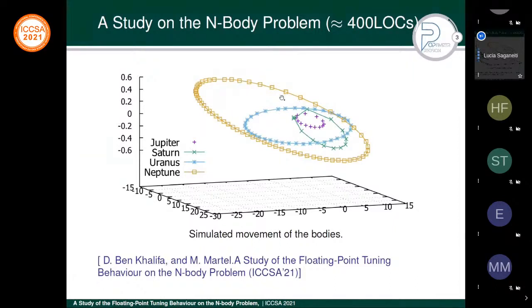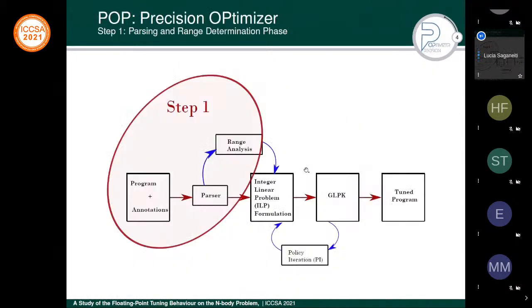So our goal is to model the simulation of a dynamical system describing the orbits of planets which interact with each other gravitationally. So we have Jupiter, Saturn, Uranus, Neptune, and the Sun, whose position is fixed. To analyze this program and even other programs, POP proceeds by 3 major steps.